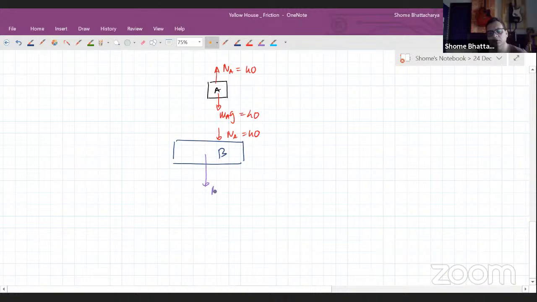B's own weight is equal to 200 newtons because mass of B is 20 kg. So the normal reaction the ground applies on B is equal to 240 newtons.